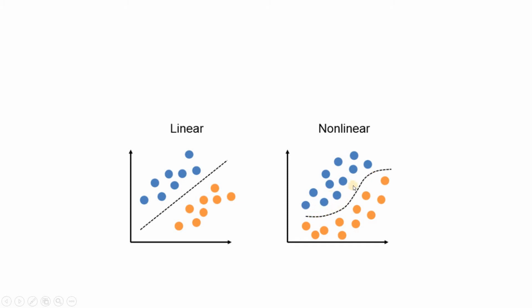So this time we require a sigmoid kind of function. This kind of function we have encountered in our logistic regression discussion. This kind of data is called linearly separable data, and this kind is called non-linearly separable data.